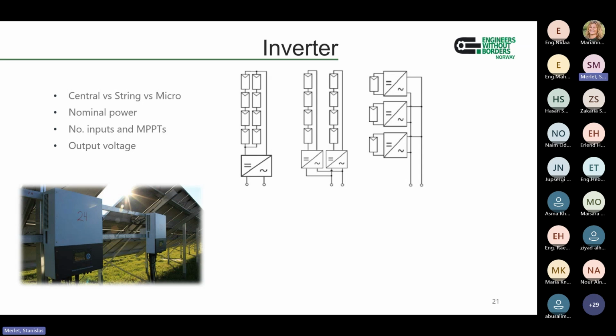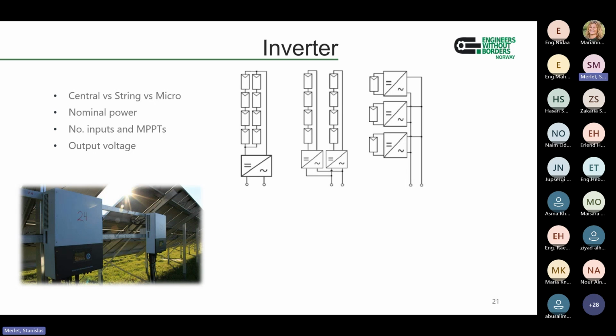On buildings, for example, very often you will connect to the electricity system in the building, in the AC board, so directly at 400 volts, for example. Or for bigger plants you might need transformers to step up the voltage to medium voltage or even high voltage, according to the size of the plant and the grid connection options.